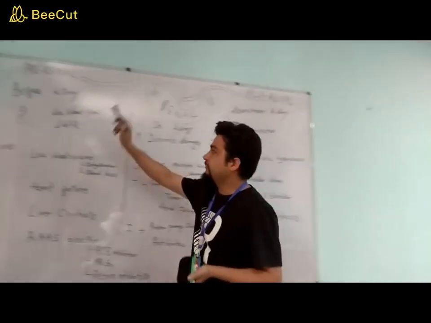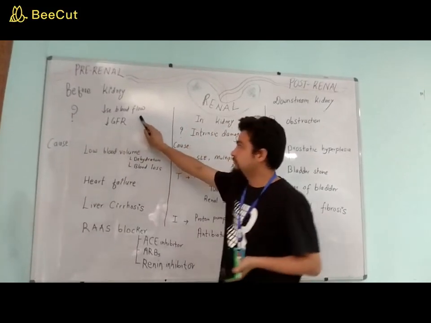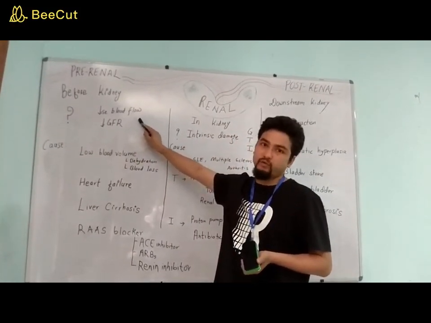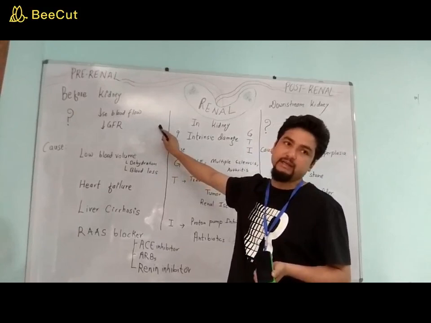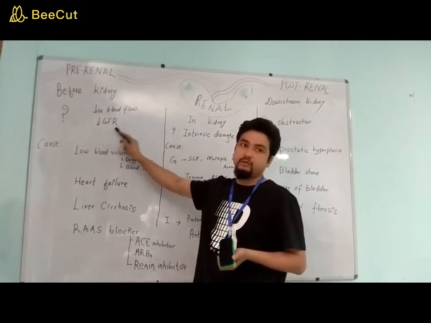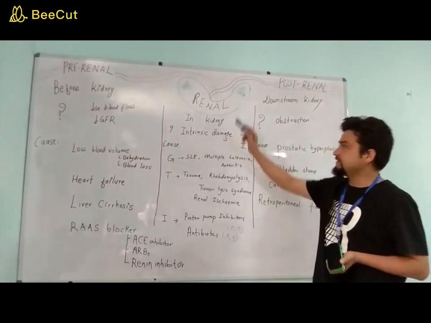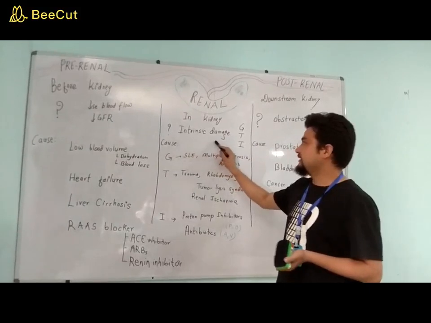So what happens in pre-renal disease? In pre-renal disease, there is decreased blood flow. Decreased blood flow means decreased perfusion to the kidney, and ultimately there will be decreased GFR, glomerular filtration rate. And in renal disease, there is intrinsic damage to the kidney.